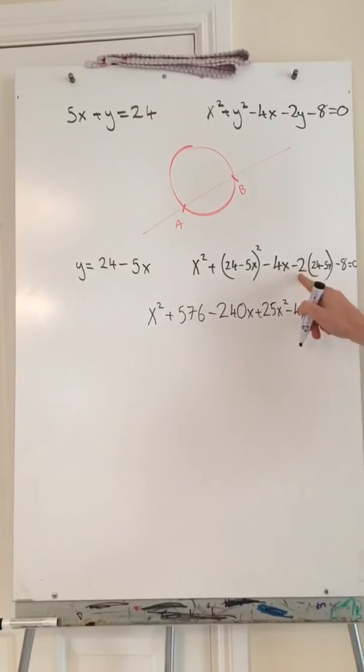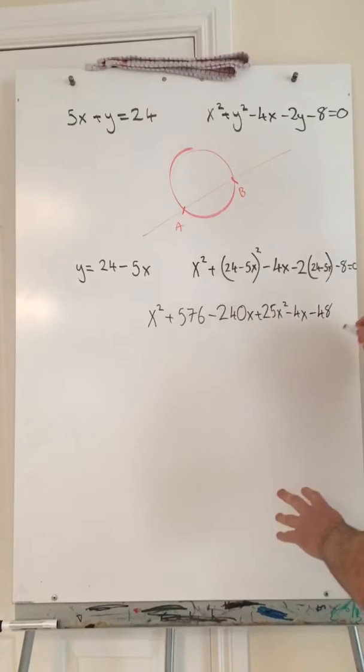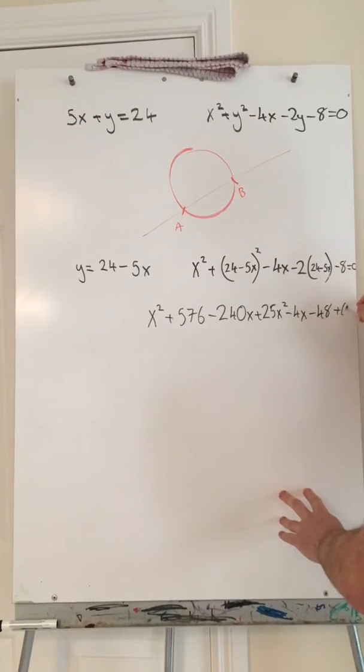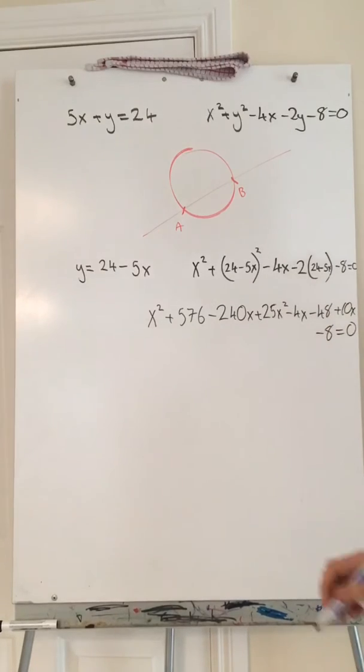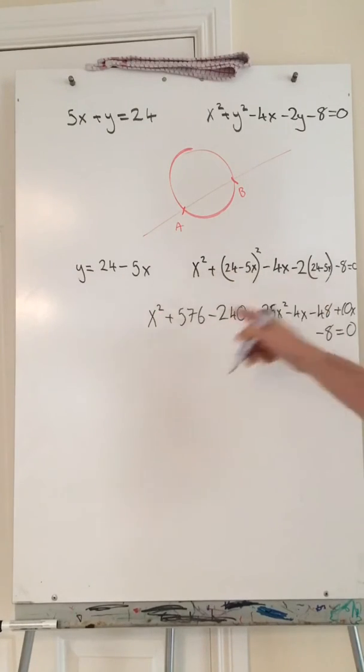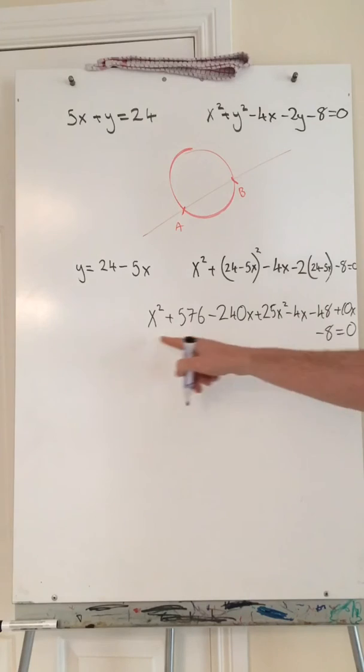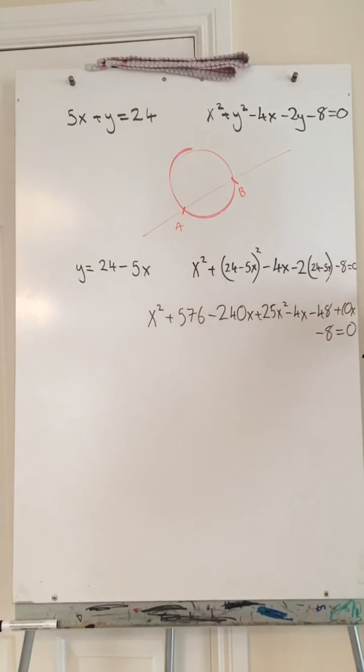Then if you multiply 2 in here, you're going to get minus 48 plus 10x minus 8 is equal to 0. That's what you get when you multiply all this out. It is very messy, but again, we did do it in 5th year.